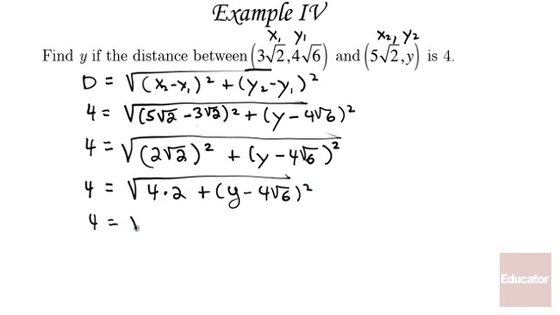Okay. So now I'm left with 8 plus y minus 4 radical 6 squared. What I want to do now is get rid of the square root, and the way I can do that is by squaring both sides. So square both sides.